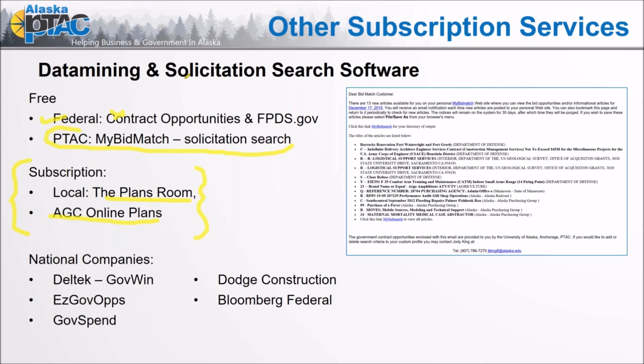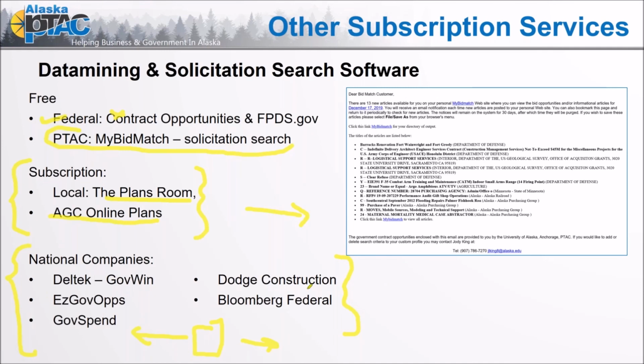Now, when you talk about data mining versus solicitation searches, these are forward activities. They don't pull any past data, whereas data mining companies, and these are just a few, there's quite a few out there, these were just the ones I could think of yesterday, not only have search capability, but then go into that past activity and pull that data and give you a report to go along with those future opportunities, such as incumbent, previous contracting, old solicitation data, money spent.